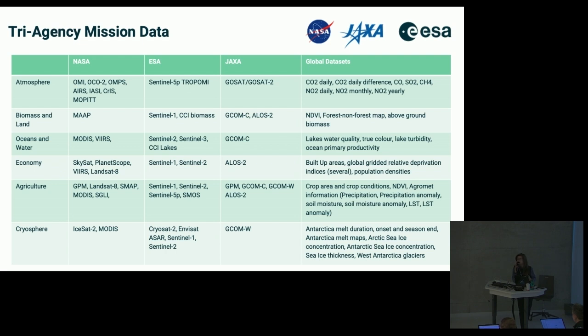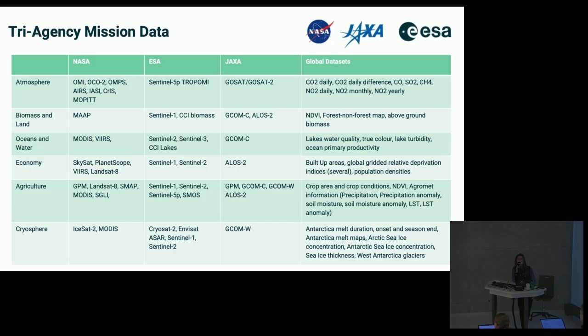So there's virtually no limit as to what can go into the dashboard, as long as it is based on data that comes from ESA or from NASA or from JAXA. And it covers one of these societal relevant domains, right? But it has to be a value-added product. So you can see there are many missions that are contributing here, and the types of global data sets. So really the variety is quite large.